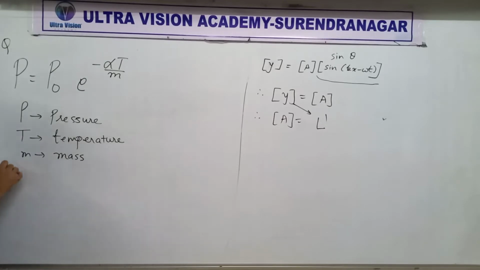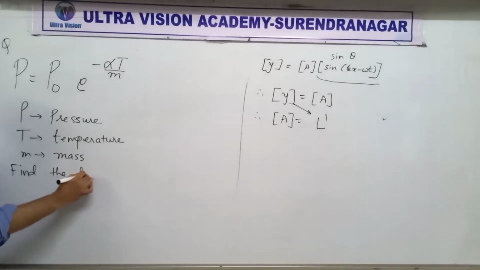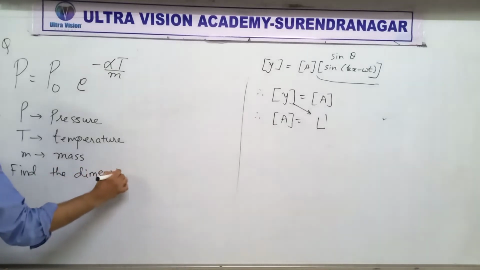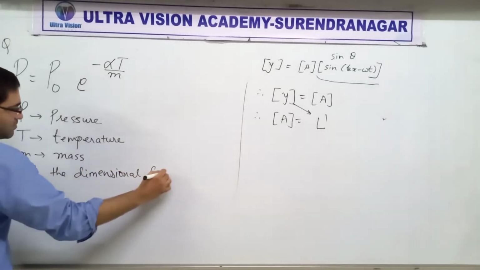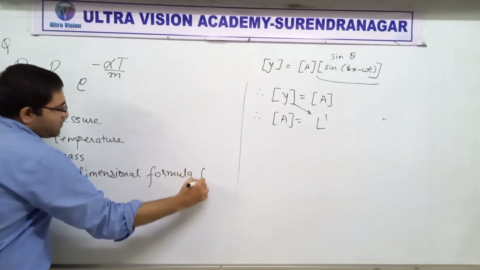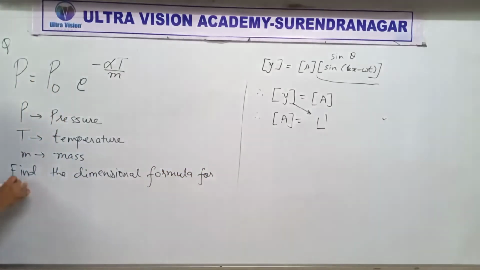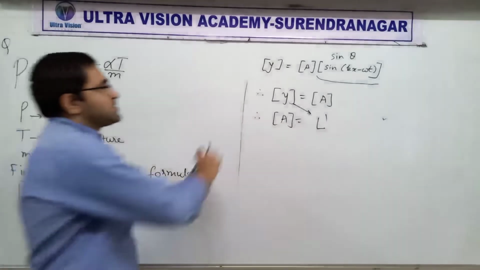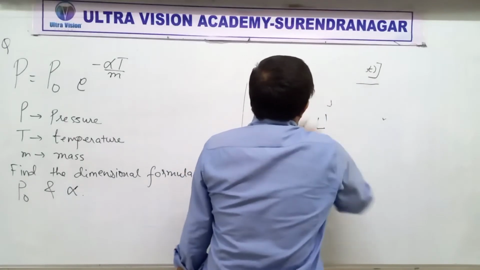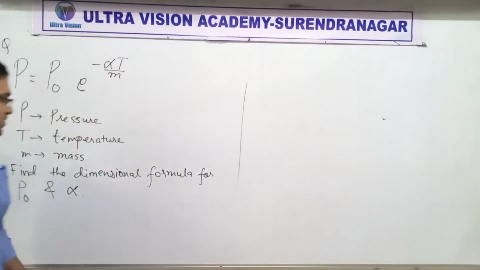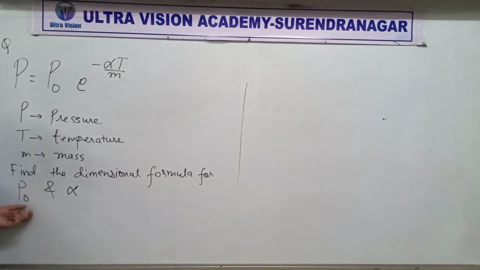Based on this, if this equation is dimensionally correct, find the dimensional formula for P0 and for alpha.